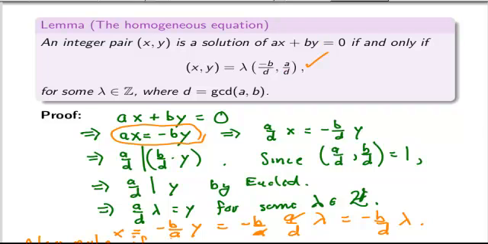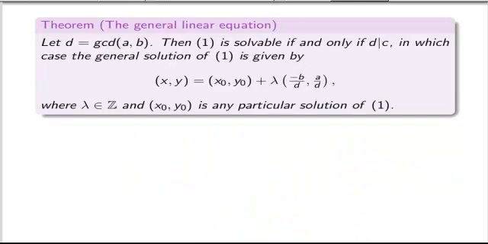So if x is lambda times minus b over d and y is lambda times a over d, then xy satisfies the homogeneous equation. Okay, so now we can put everything together and come up with a general solution.